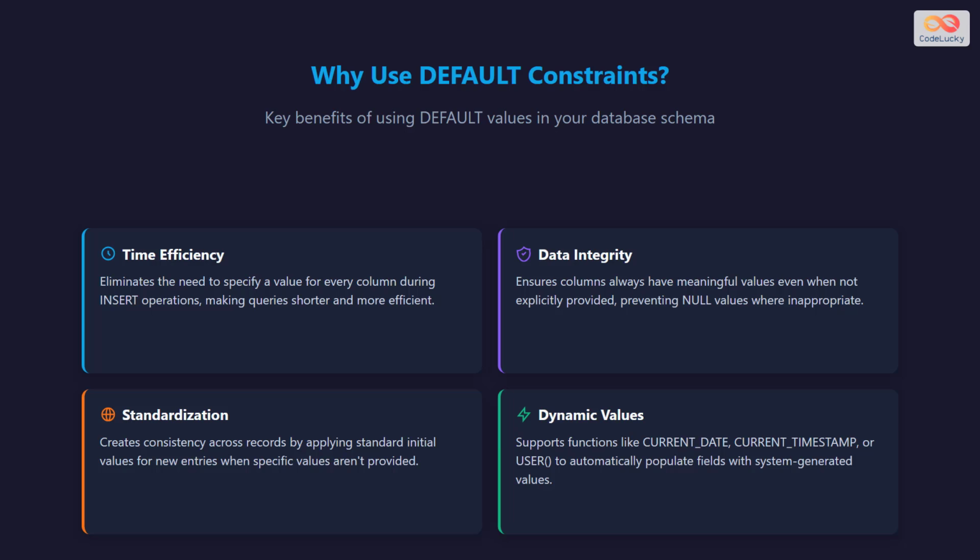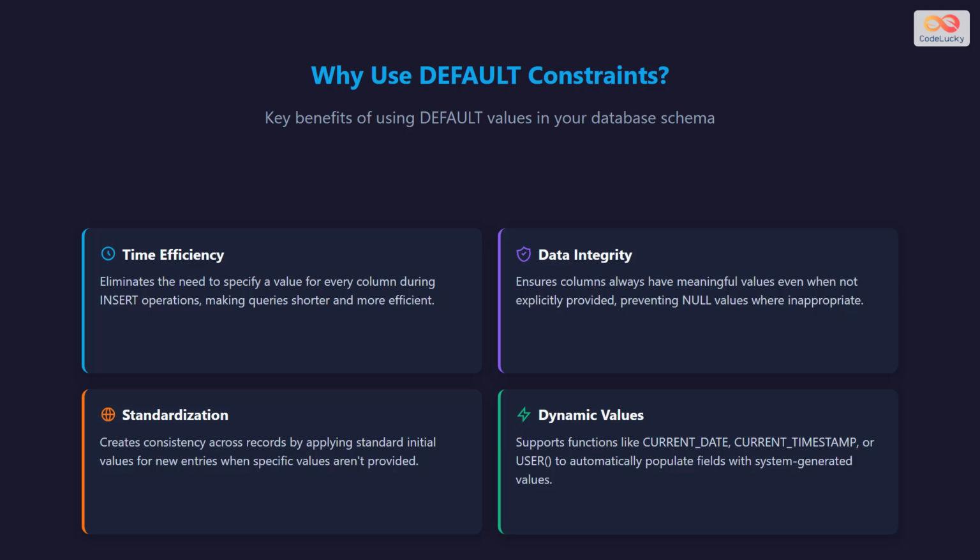So, now let us see why we should use default constraints. There are several key benefits to using default values in your database schema. First, it improves time efficiency by eliminating the need to specify a value for every column during insert operations, making queries shorter and more efficient. Second, it ensures data integrity.